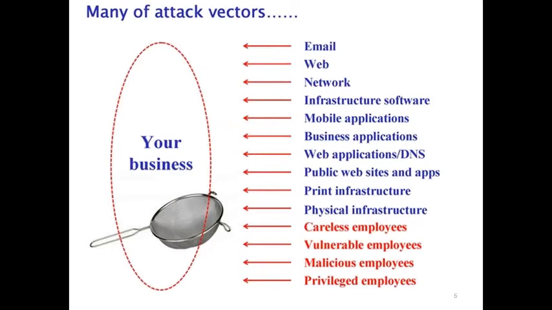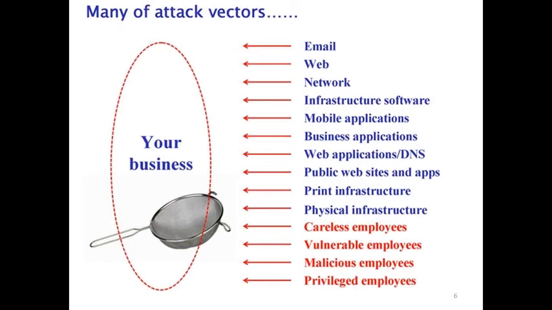There are many ways in which any hacker can attack your business through cloud. There are many vectors of attack. The first and foremost being email, web, network, and of course, careless employees of the provider themselves may be a source through which hackers can attack important data.